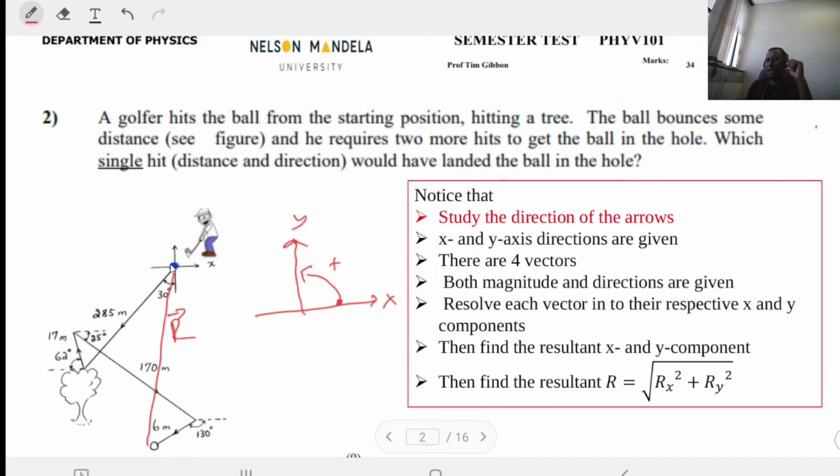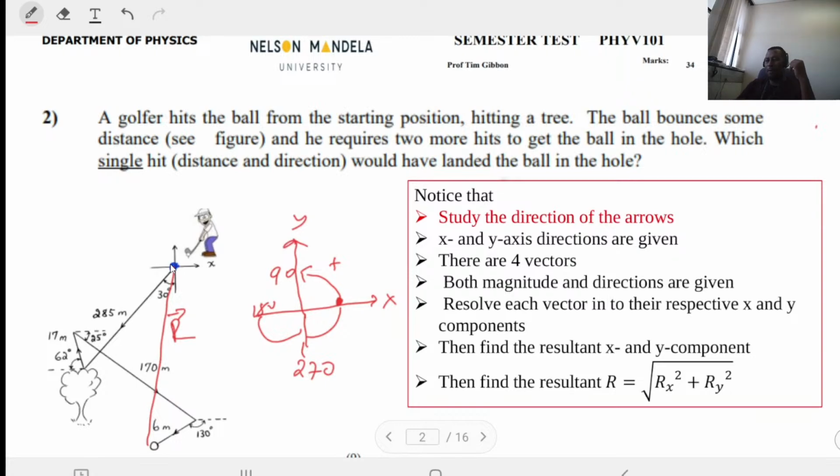That's a positive angle. Therefore, 0 is here, 90 degrees there, 180 degrees if you come all the way, 270 degrees, and then 360 degrees. This point is 270 degrees. We always measure reference from the x-axis. With that in mind, for each of the vectors, we have to be careful when we choose our reference angle.